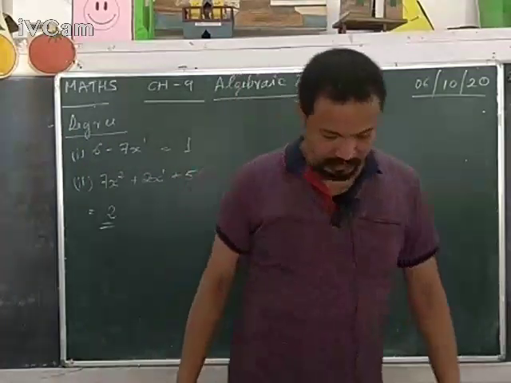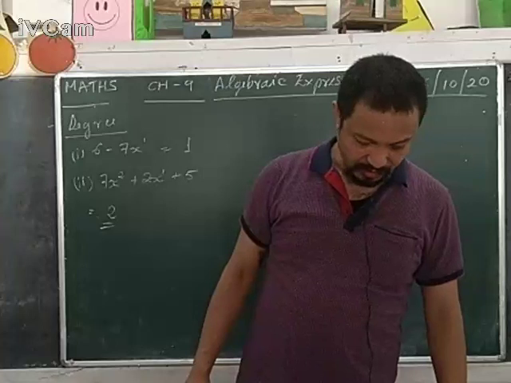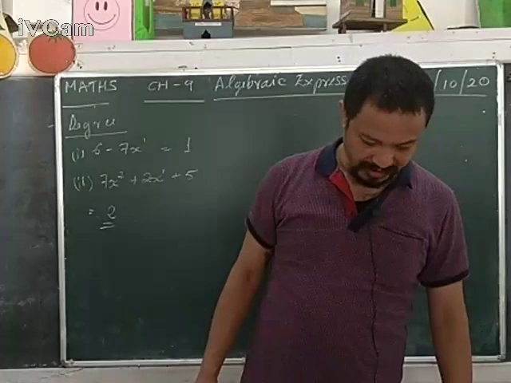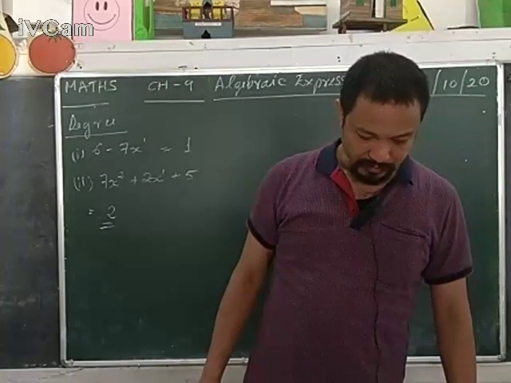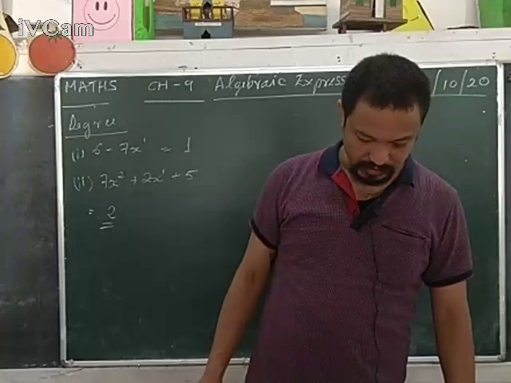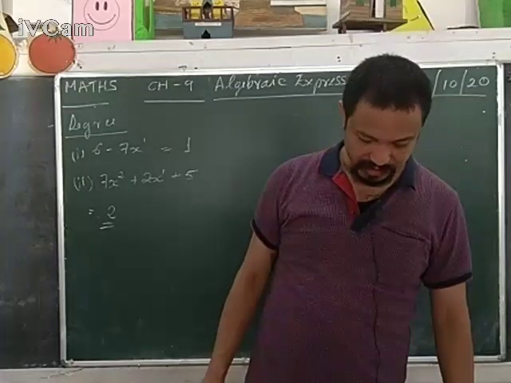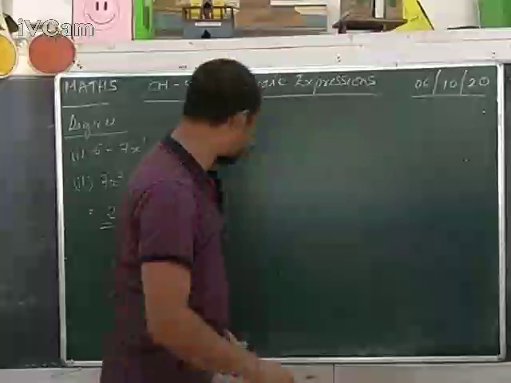Okay. Now the third one, 8x to the power 4 minus 2 by 3 x squared plus 4 by 5 x squared minus 8x minus 4 is a polynomial. Let me write this, it is a long one.